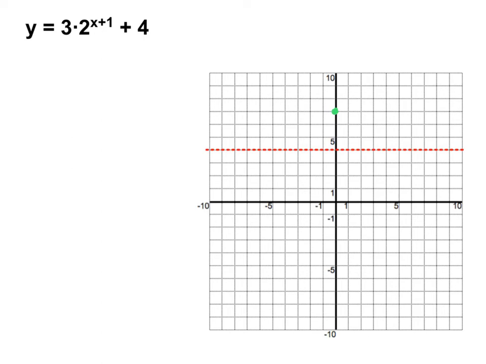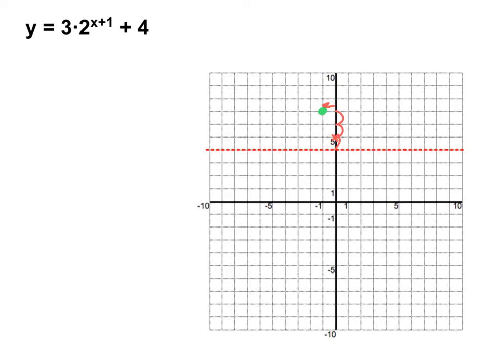But I still haven't used the plus 1. Remember, the plus 1 shifts the entire graph left 1, and therefore my first point will then be right there. So again, I took whatever it normally is, which is up 1, I multiplied that by 3 in order to go up 3 times as far, and then I moved that left 1 because of the plus 1.